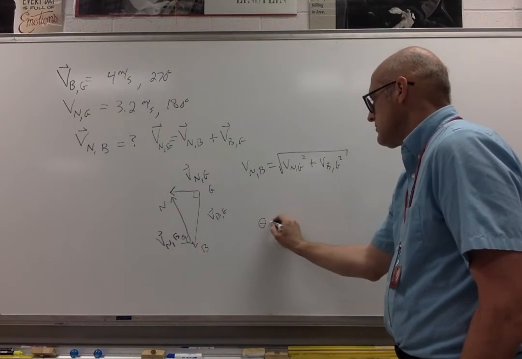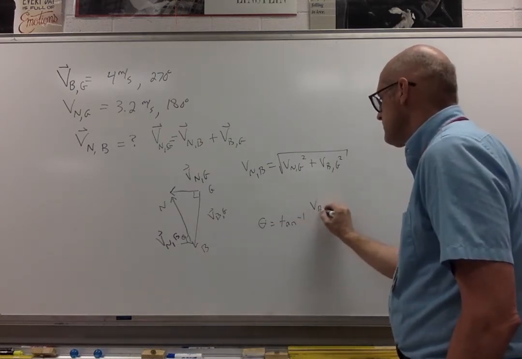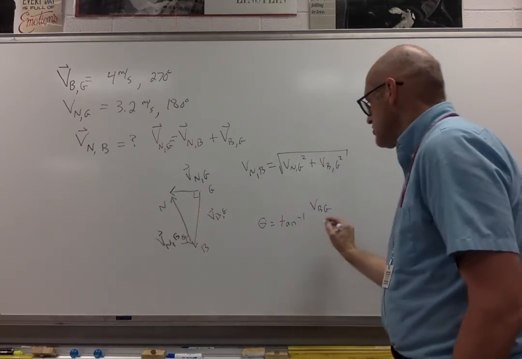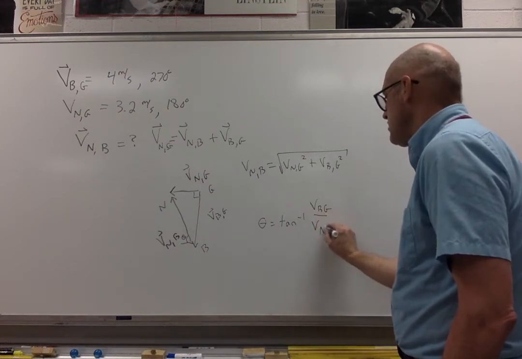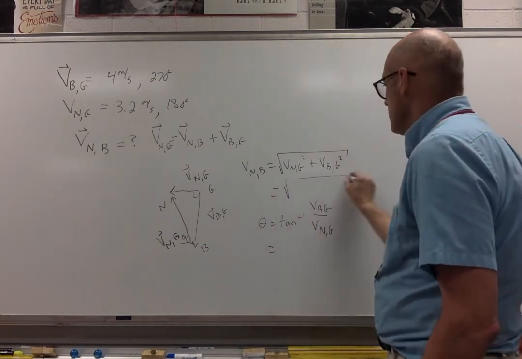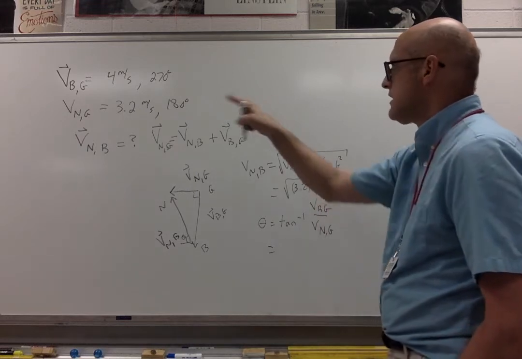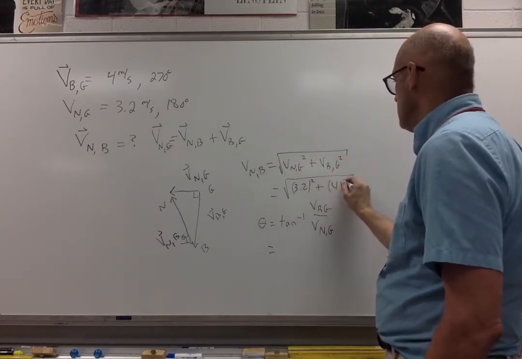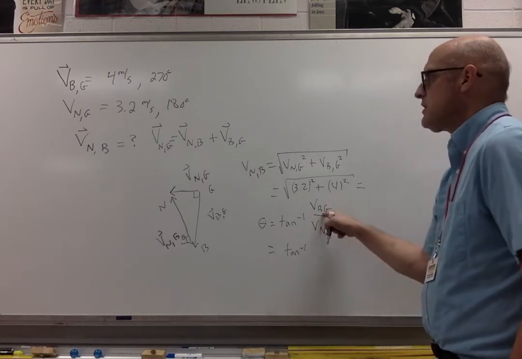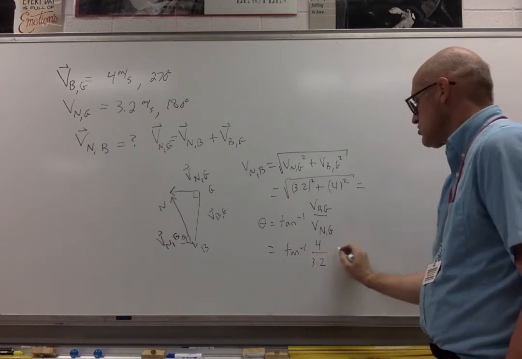The angle would be equal to the arctan of VBG, the side opposite the angle theta, divided by the adjacent VNG. So let's do the numbers. VNG squared, so we have 3.2 squared plus VBG is 4 squared. Here arctan VBG is 4 and VNG is 3.2.